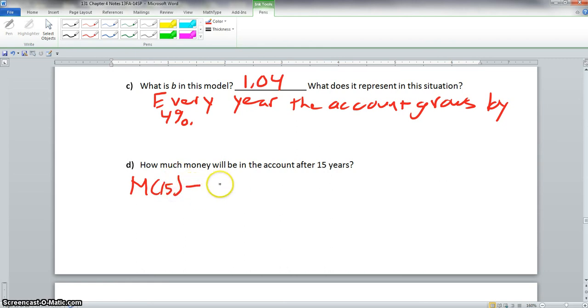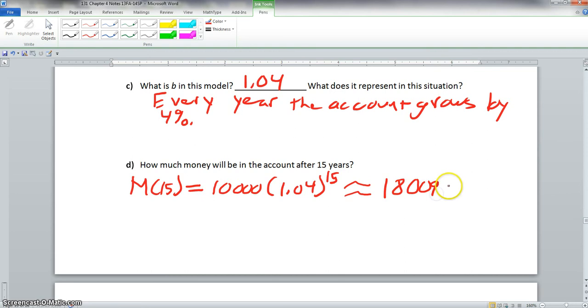M of 15 is equal to 10,000 times 1.04, and we know that will be taken to the 15th power, which gives us approximately $18,009.44, which you could easily punch into your calculator.